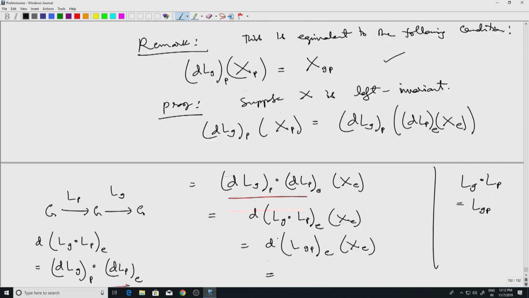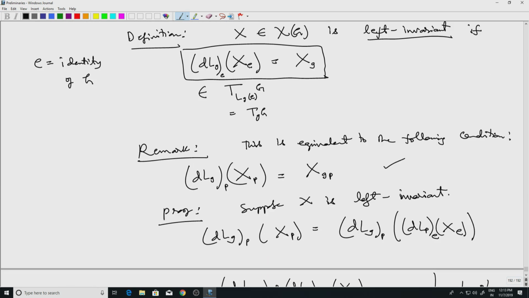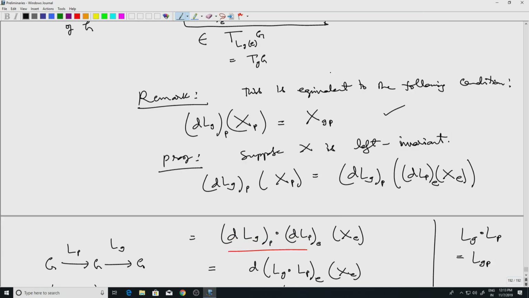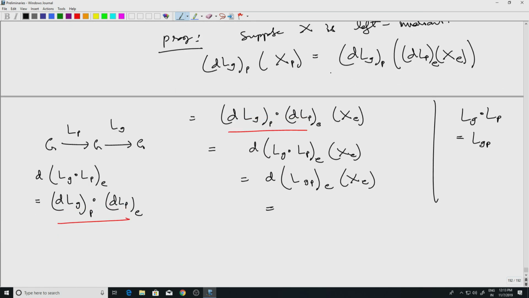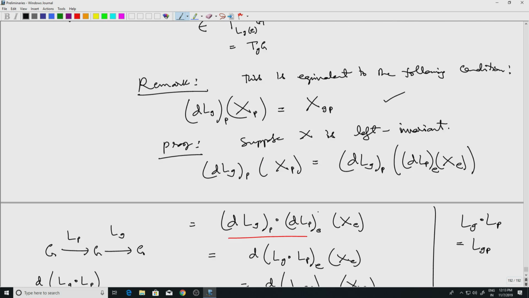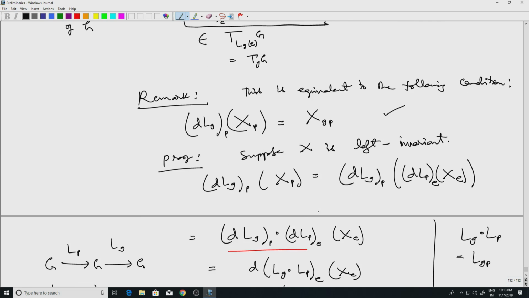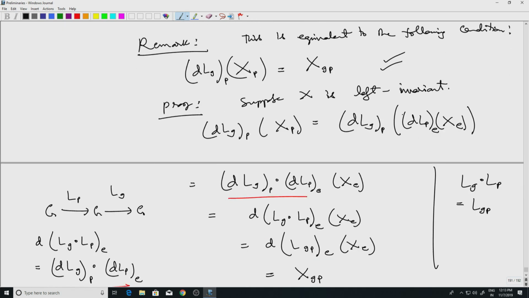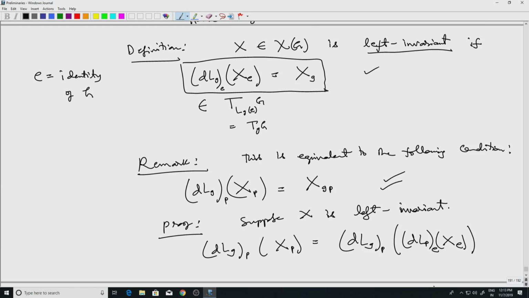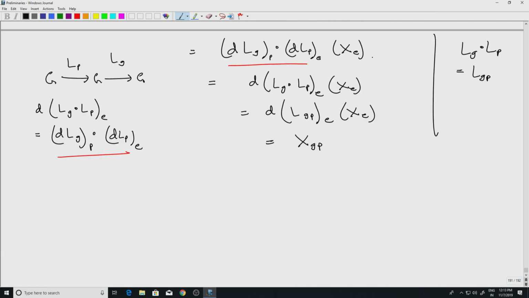Again, going back to the original definition of left invariance: if I had a G here, it would be G occurring here, but here I have a GP. So what I get is XGP, which is what we wanted. So I get this equation here, starting with this one.